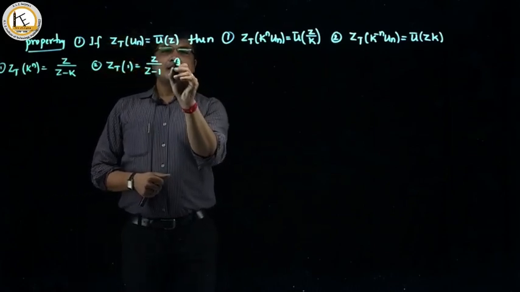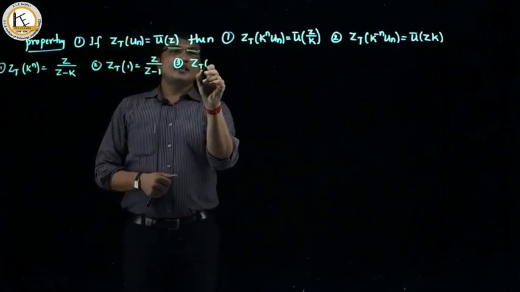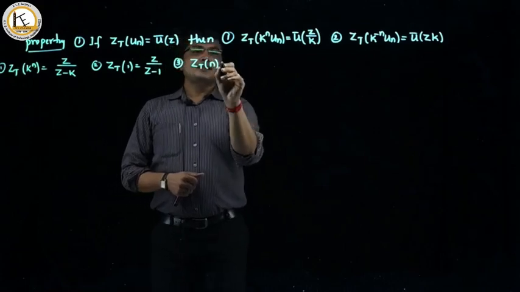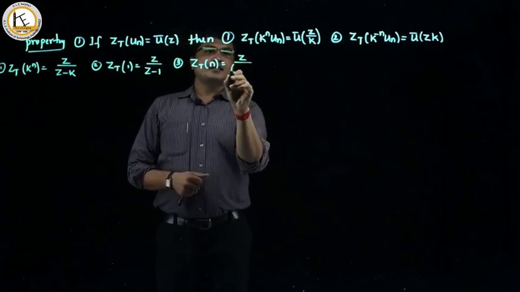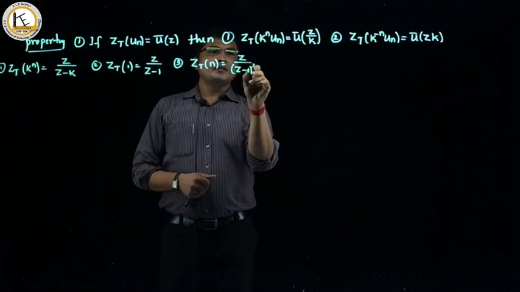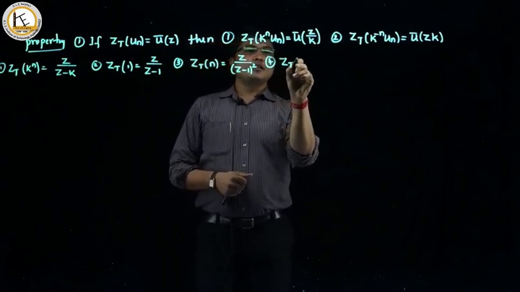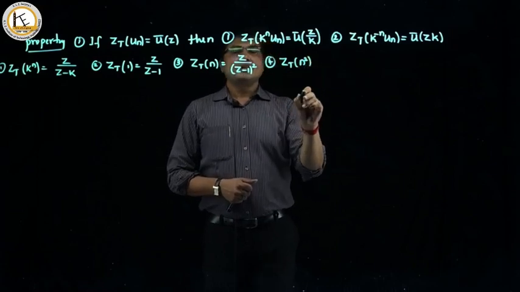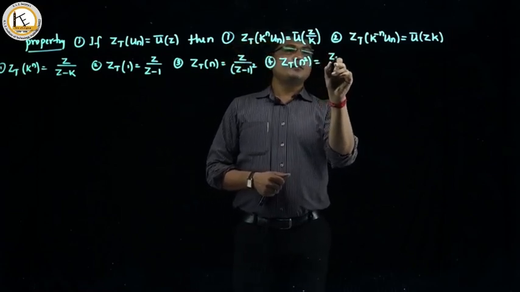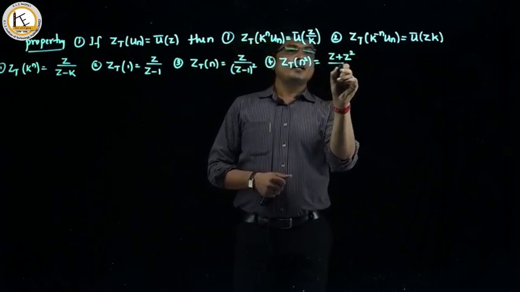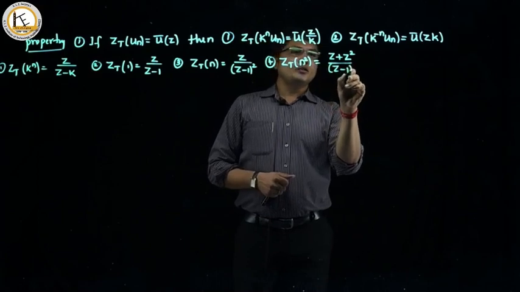Then we derived Z transform of n, that is Z divided by Z minus 1 the whole square. Then we derived Z transform of n square, and it is given as Z plus Z square divided by Z minus 1 the whole cube.